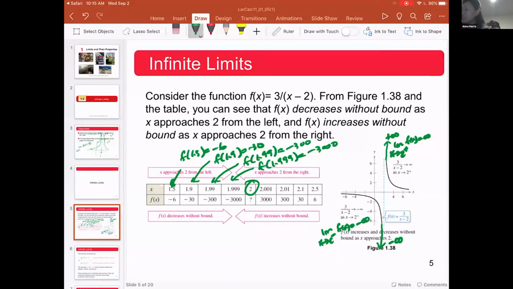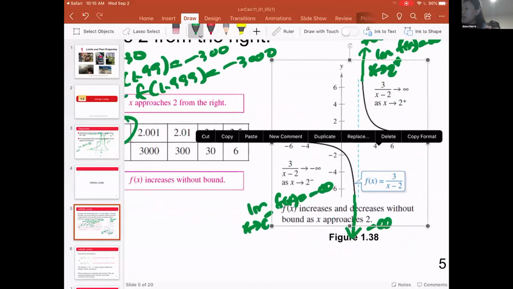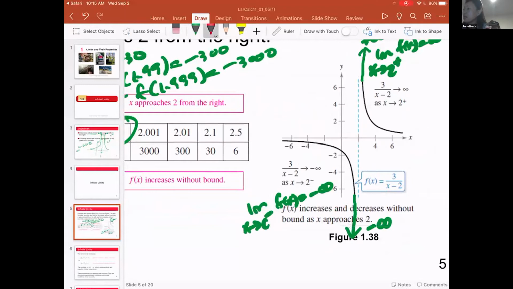For this case, class, I want you to remember this. I have a one-sided limit. I have the positive side limit to be positive infinity, and the negative side to be negative infinity, but do I have the limit as x approaches C of f of x? In this case, do I have the limit?